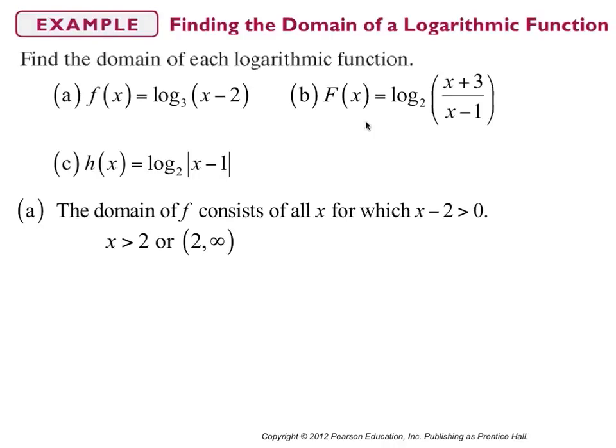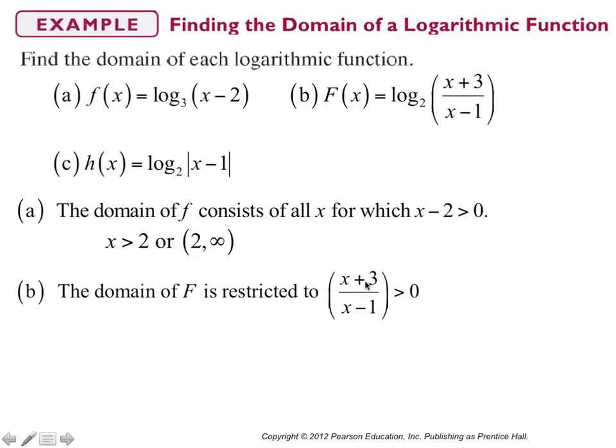All right, now if we take a look at part B, this one looks a little trickier. We have an inequality. We have x plus 3 over x minus 1 is greater than 0. And hopefully you recall how to actually solve this. This is one of the ones that's not done in detail here. If you're confused on this, I would go back to rational inequalities, which was from a couple weeks back.